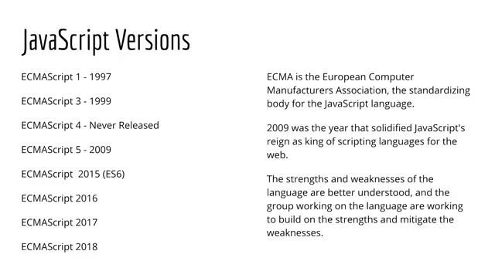Since 2015, the standardizing body has been in a nice cadence of releasing new versions each year. From then on, instead of calling it ES7 and ES8 and that kind of stuff, they stuck with the year. So they came out with ECMAScript 2016, ECMAScript 2017, and so on and so forth.